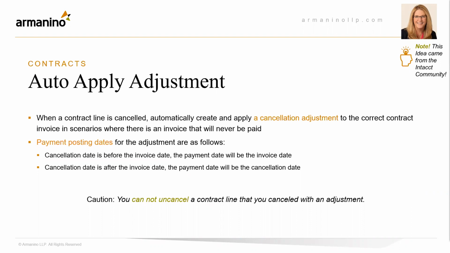If the cancellation date is after the invoice date, the payment date will be the cancellation date. Be very careful with this. You cannot uncancel a contract line that you canceled with an adjustment. So if you're not sure, you can still put in a negative contract line to clear out that data.